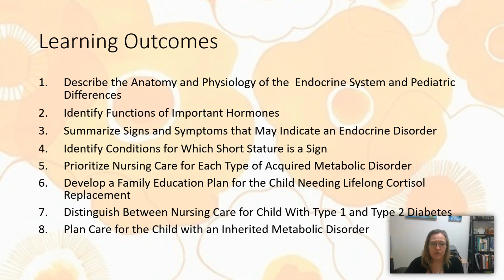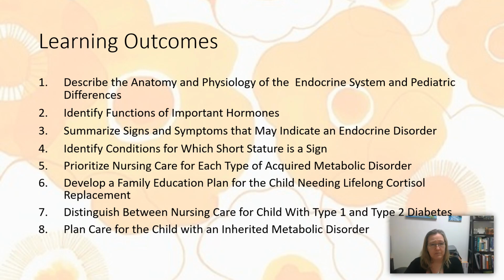Also, I would look into, especially in this chapter, steroids that we use for some endocrine disorders. You'll want to review what you know about lifelong corticosteroid treatment and how that affects the child's growth and development. We'll talk about that more. And then distinguish between type 1 and type 2.